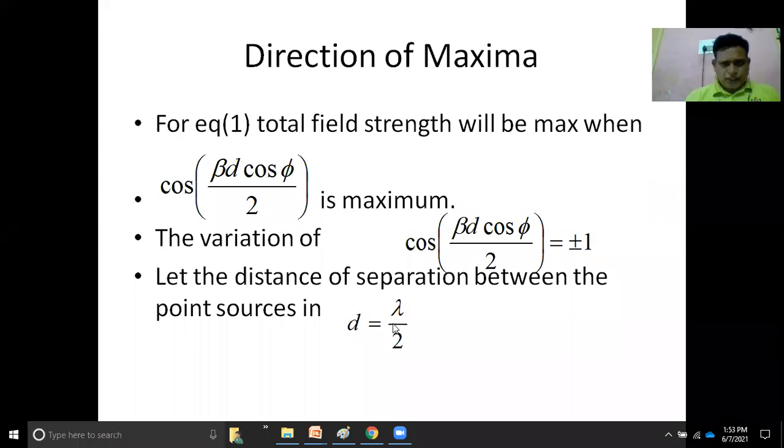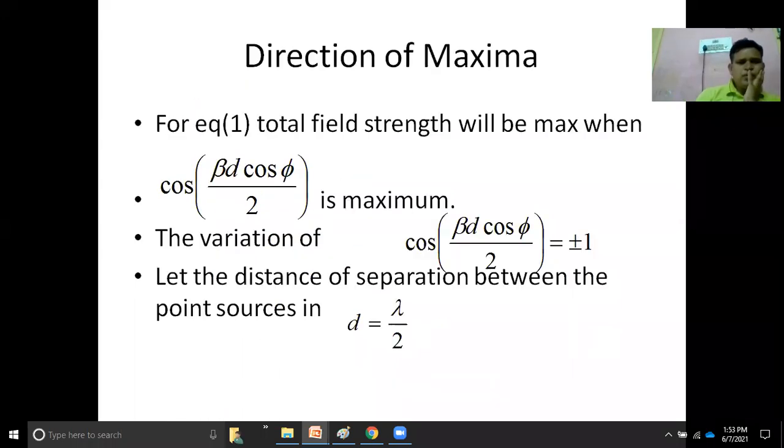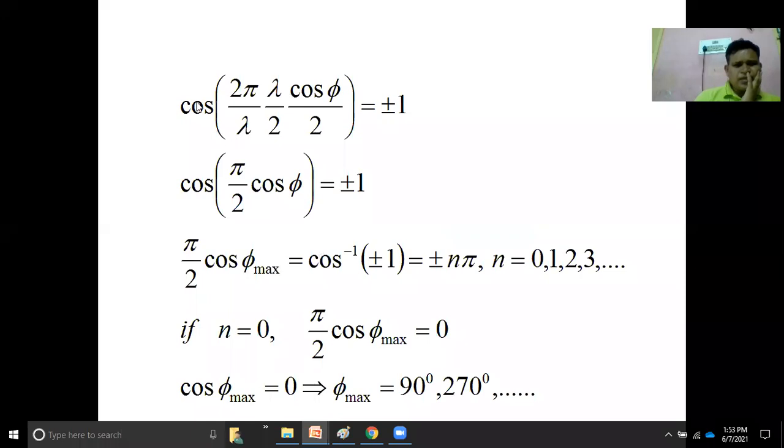First of all, we assume d is equal to lambda by 2. Substituting here, we get cos of 2 pi by lambda times lambda by 2, cos phi by 2, and this is equal to plus or minus 1.